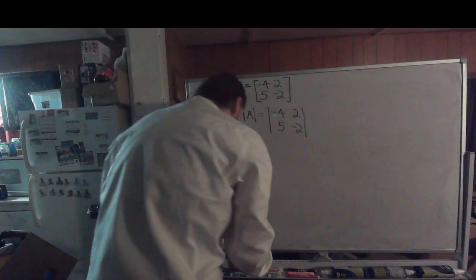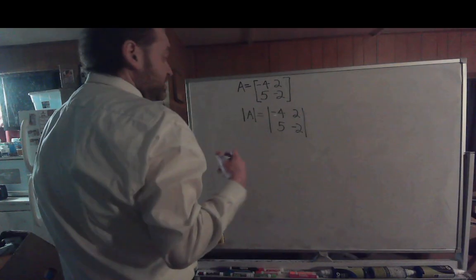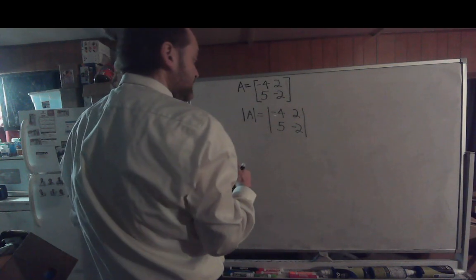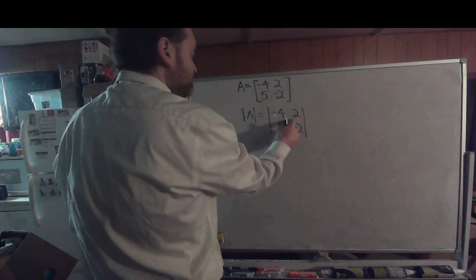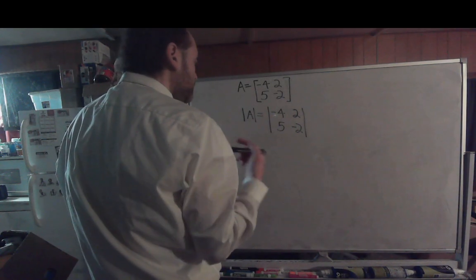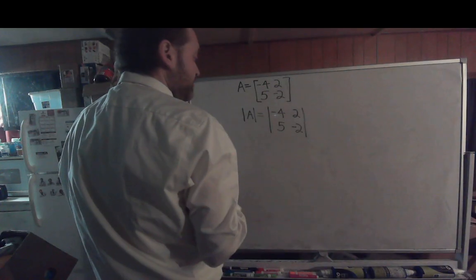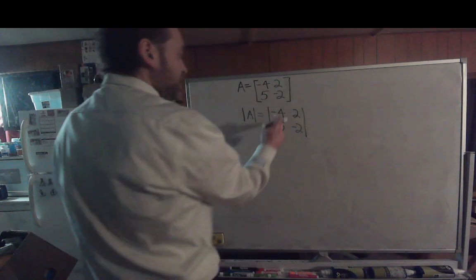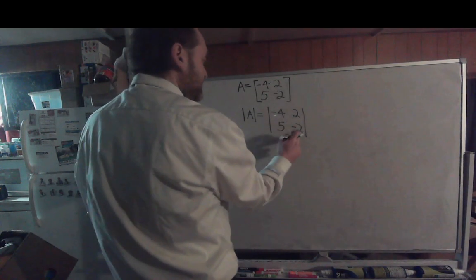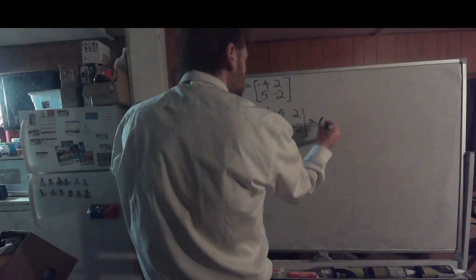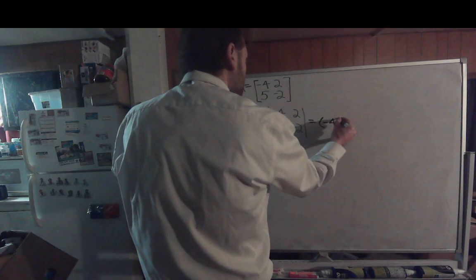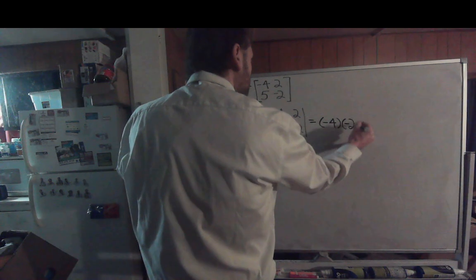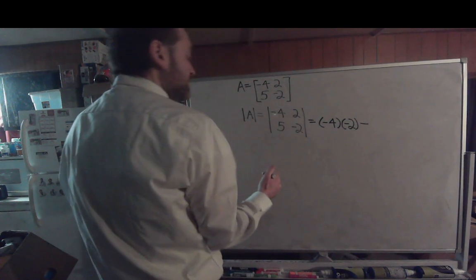Now, remember the determinant of a 2 by 2 is A times D minus B times C. Picture each of these entries, A, B, C, and D. So we're taking A times D, which would be -4 times -2, minus 2 times 5.